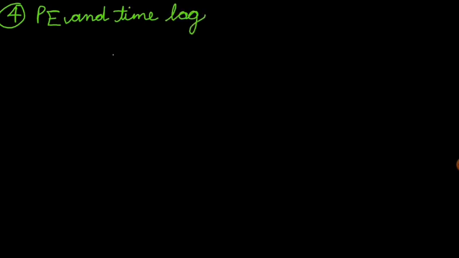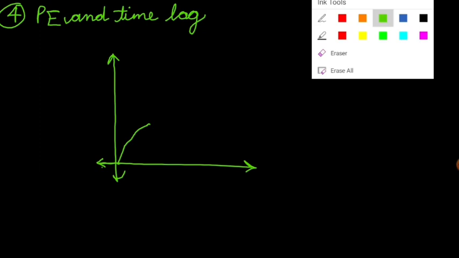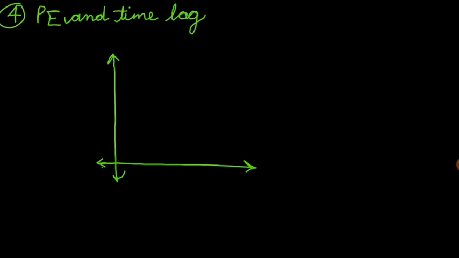When we take the last type of graph, this is between the photoelectric current and the time lag. We find that when we plot the graph, for a certain value the photoelectric current goes on like this, and then afterwards it becomes constant.